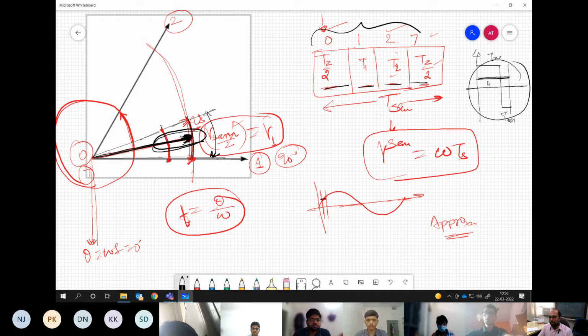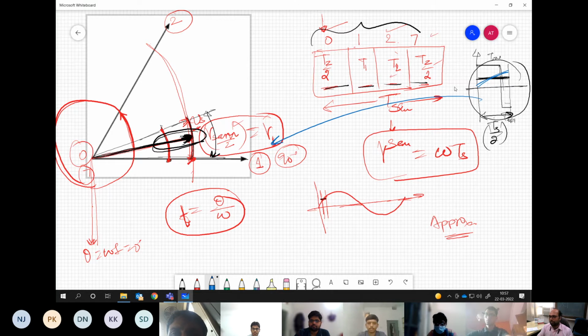We have to realize something for this duration, say Ts by 2, and what we are doing is applying something and something for this complete duration, and we have realized the average value here. Is the actual voltage like this here? How is the actual voltage? Actual voltage might be changing like this. Okay, are you able to correlate these two things?